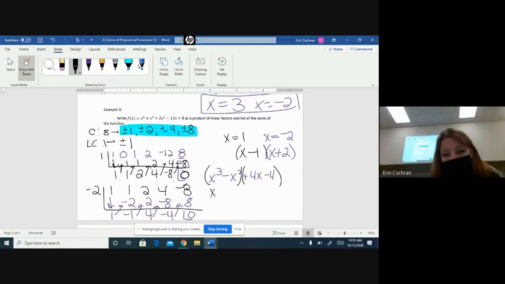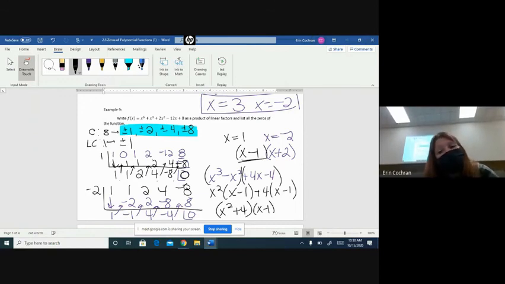X squared, and I'm left with x minus 1. What can I factor out of the second group? 4, and I'm left with x minus 1, right? So we would have x squared plus 4 times x minus 1, and then we also have another x minus 1, which would be squared. And we have x plus 2. So there's your factored form.